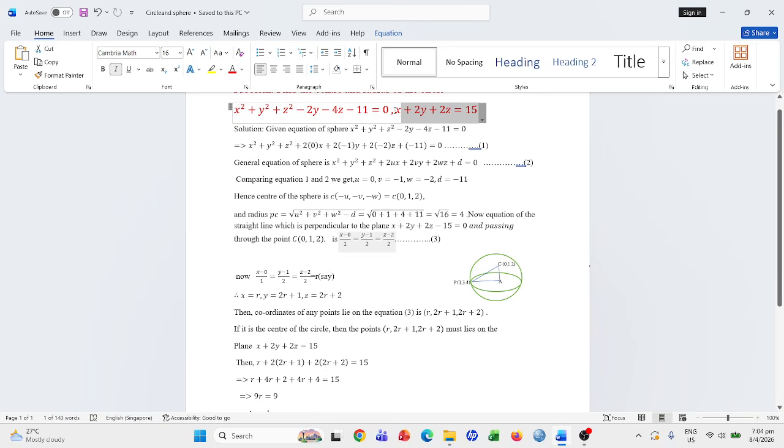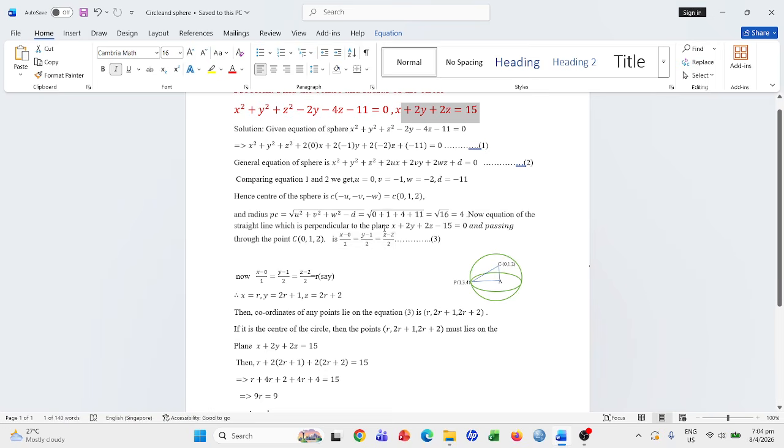Here a equal 1, b equal 2, c equal 2. Here a, b, c is the direction ratio of the normal to the plane. The symmetrical equation of the straight line is x minus x1 by a, y minus y1 by b, z minus z1 by c.